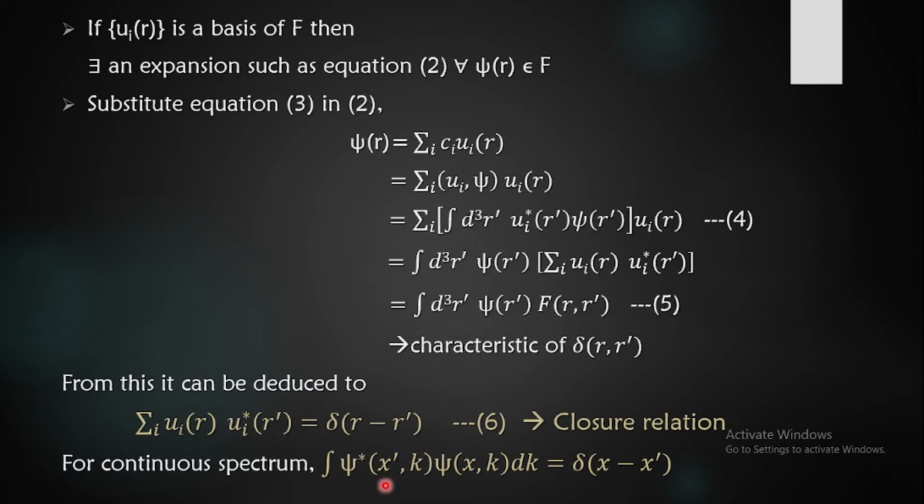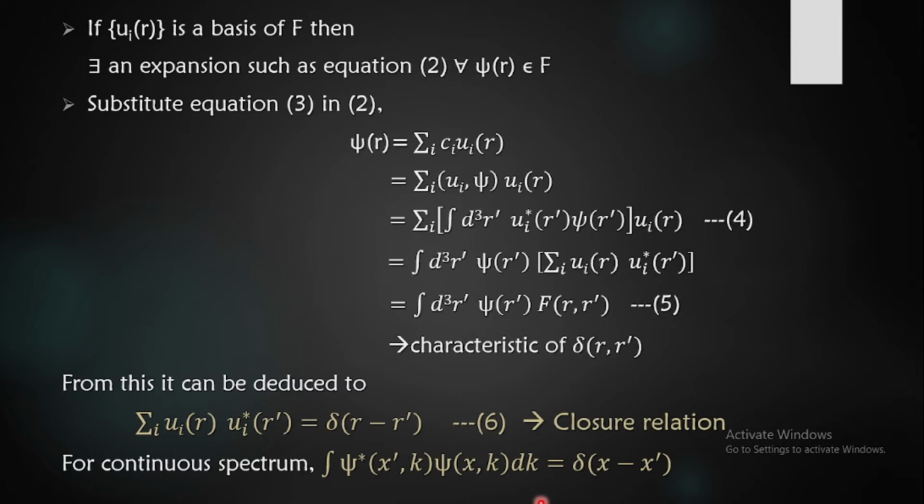So we have just changed the notations, instead of u we have taken xi, and ui of r we have written as xi of x comma k. Here we have considered one dimension, that is only along x direction. So we can say that this is the integral form of closure relation.